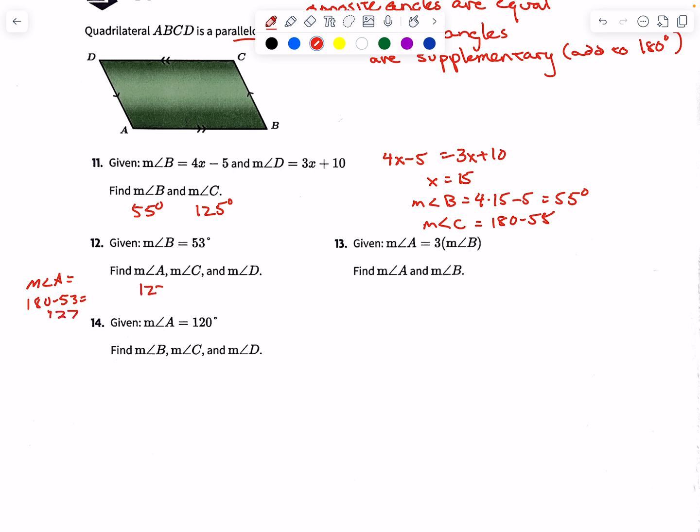So 127 degrees, C is the same, and D is back to the same as B. Actually, let's call the measure of angle A 3x, and we'll call the measure of angle B x.